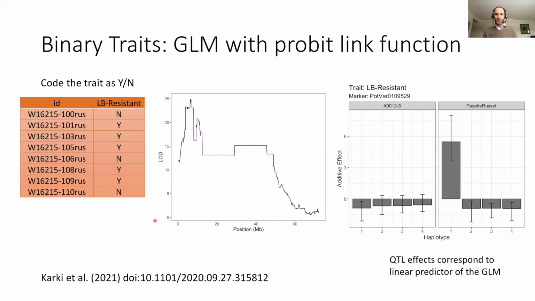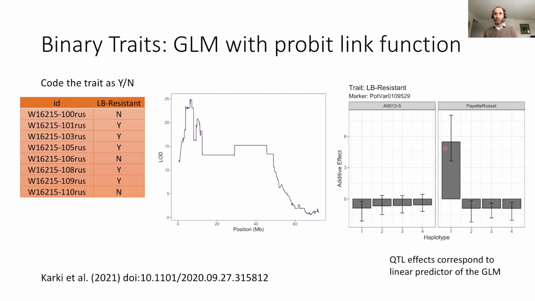Everything else follows the same way. You can do your scan1, and you get a LOD profile. You can fit the QTL model. And in this case, the potato that was late blight resistant was called Payette. And we see from the haplotype results that haplotype 1 of Payette is the one that contains the R gene.